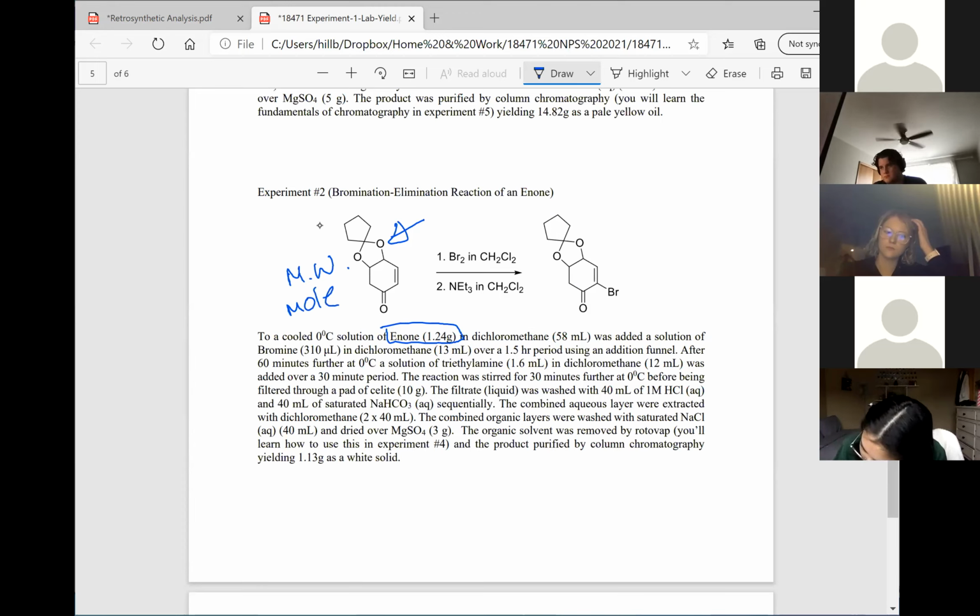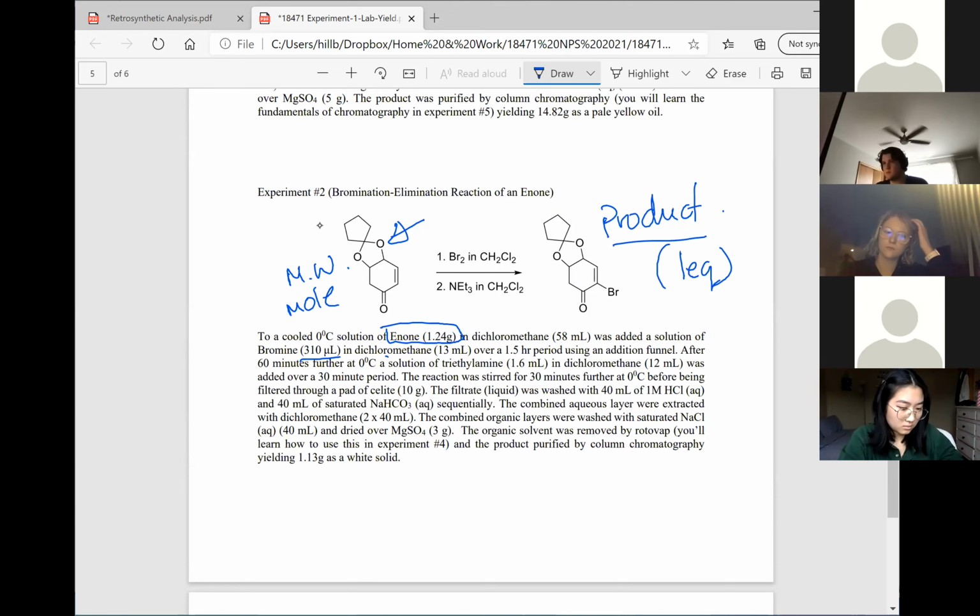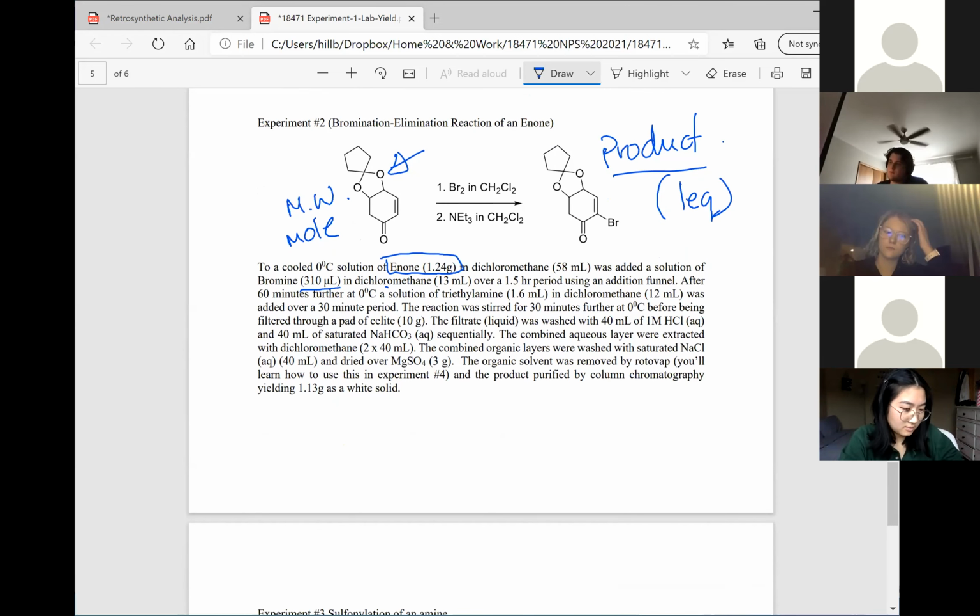Once you've got that for all of the various components, you can figure out the equivalents, which one's the limiting reagent, that type of thing. And this is just the product. You don't need to worry about the name for that either, just the molecular weight. I actually did this reaction in grad school, so I just used my exact old protocol from my lab manual.